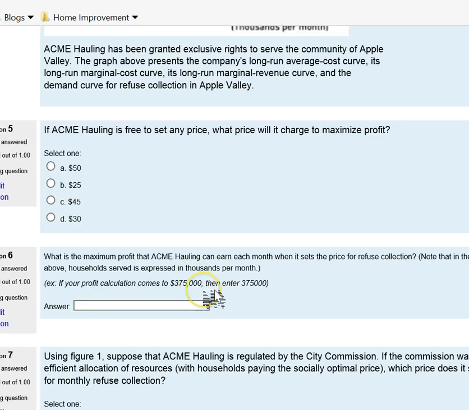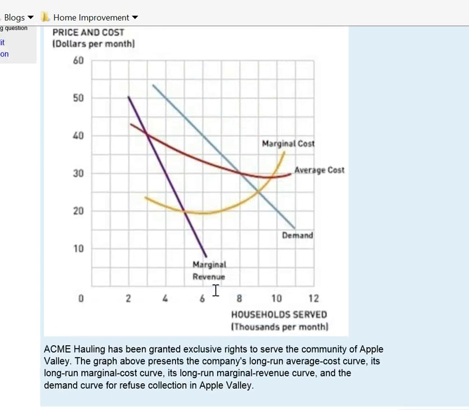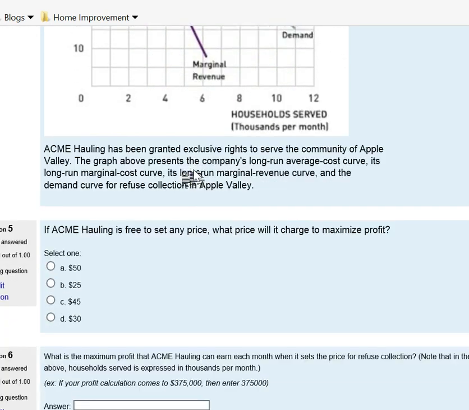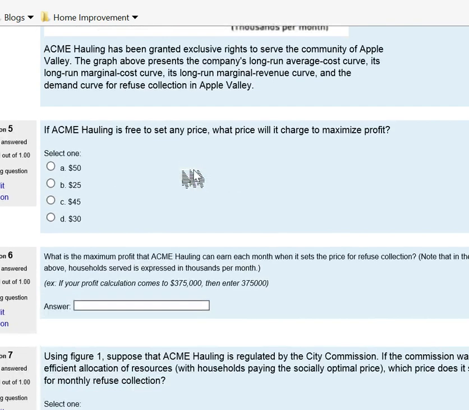So basically, do the same thing. Remember, go through the 7 steps, and this time calculate profit based upon those 7 steps. So again, review your notes from the Monopoly chapter on how to calculate price, output, total revenue, total cost, and profit.